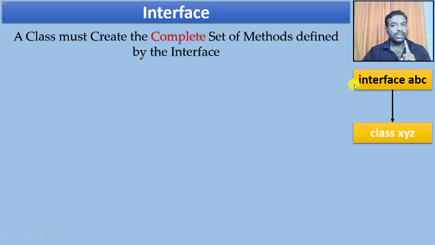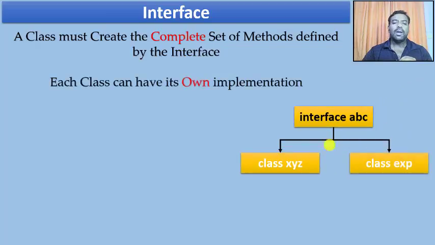So this means the class which is going to make use of the interface is responsible to define the body for all those methods. This is what we say: a class must create the complete set of methods defined by the interface. It should define all the methods that the interface ABC contains, from the class XYZ.